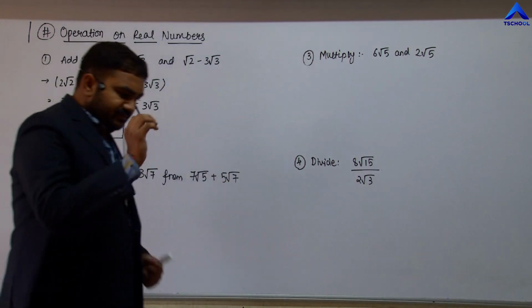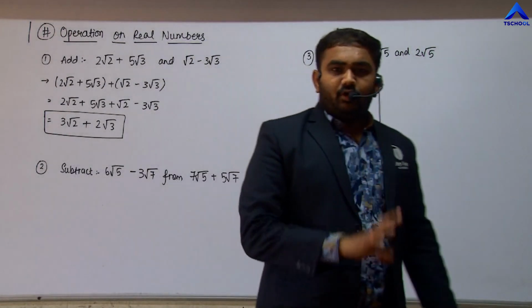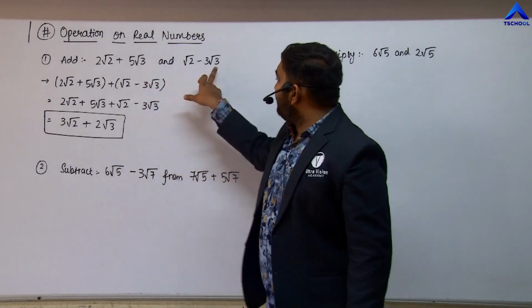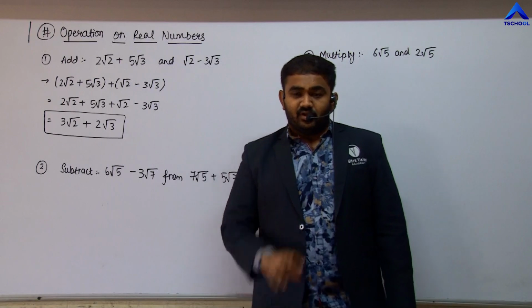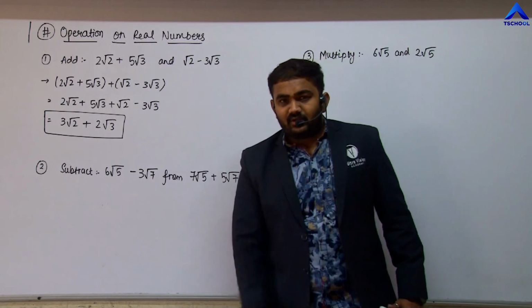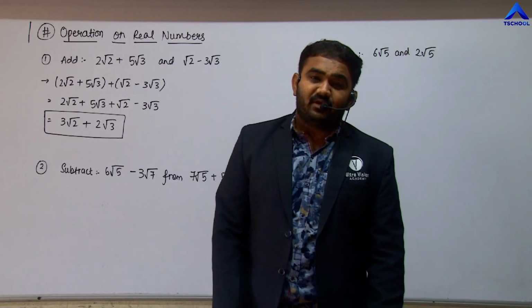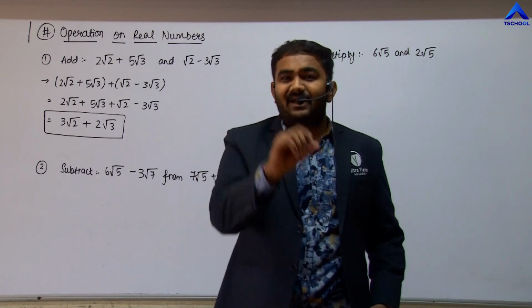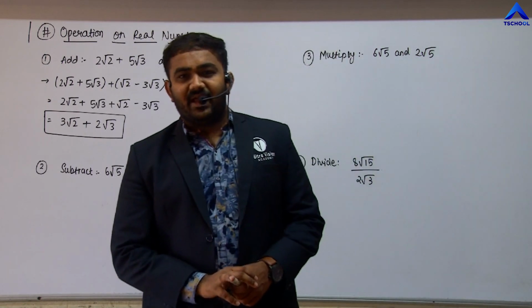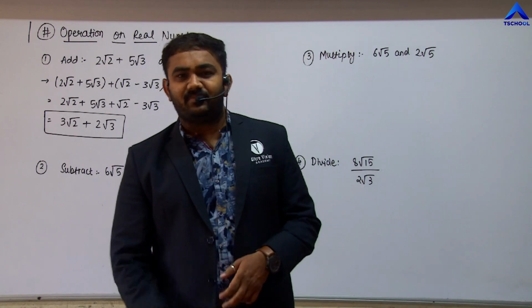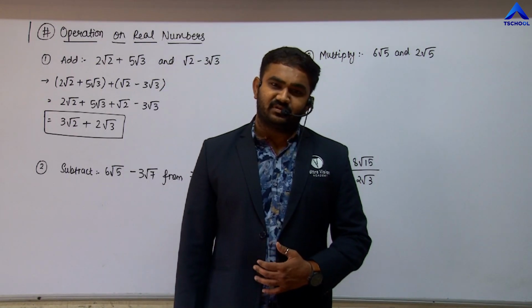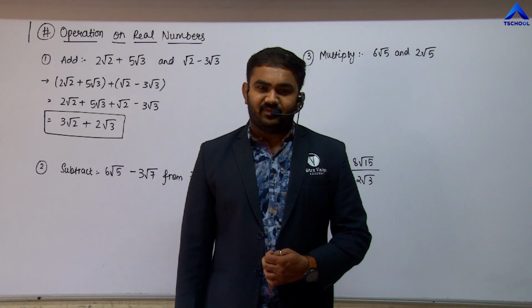Note that friends, you are not going to write down root 3 plus root 3 as root 6. Note that you cannot write it like that. Why? Because these root 3's are irrational numbers, and when it comes to addition of irrational numbers, you cannot simply add them like we do with real numbers, right?